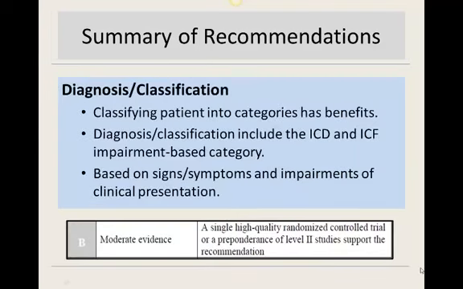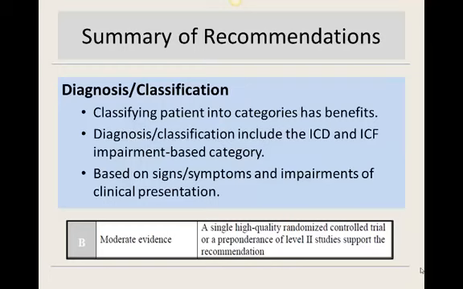We've already discussed fairly in depth the classification system that's proposed by the panel in the JOSPT guidelines. There are other classification systems available, such as the MDT or McKenzie approach and the treatment-based classification proposed by Fritz.